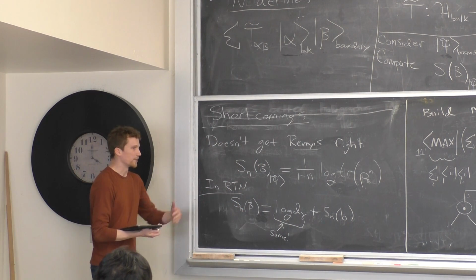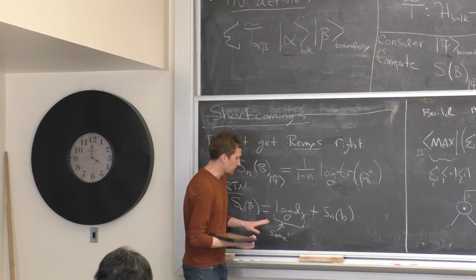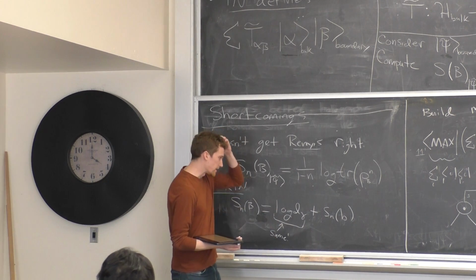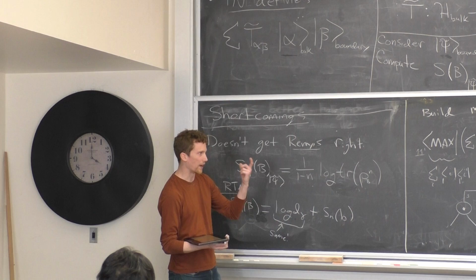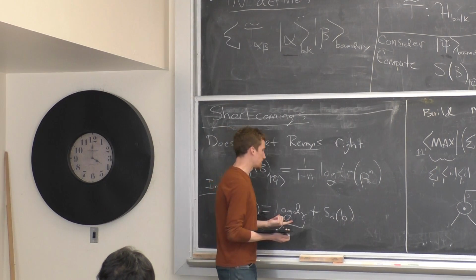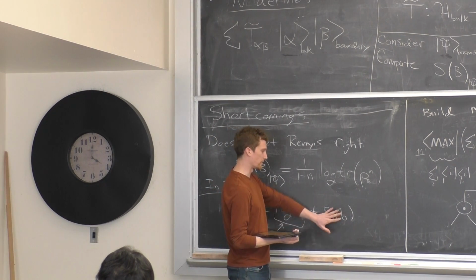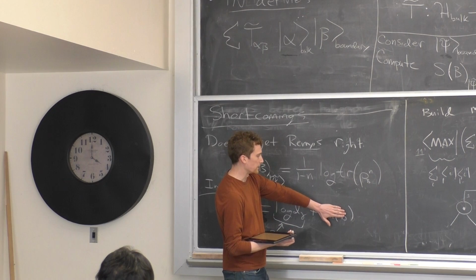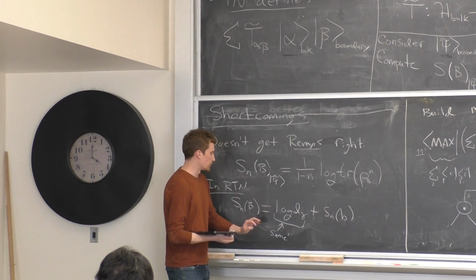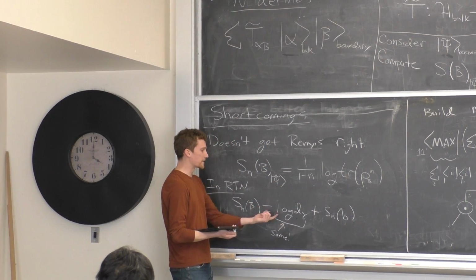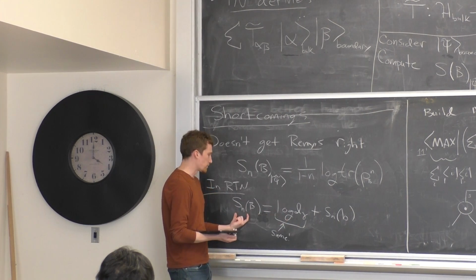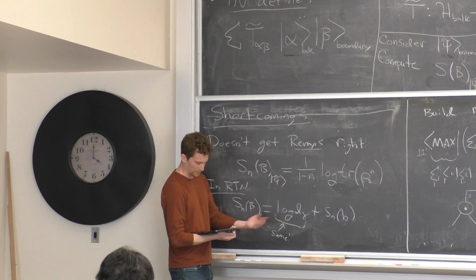And in the context we care about, this is the leading order piece. You can take some large bond dimension limit, and this is much bigger than this. So I will mostly not even be caring about this piece. In that limit, the Rényi entropies are all the same.